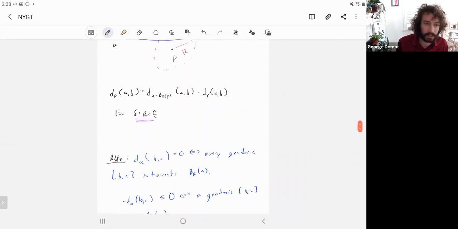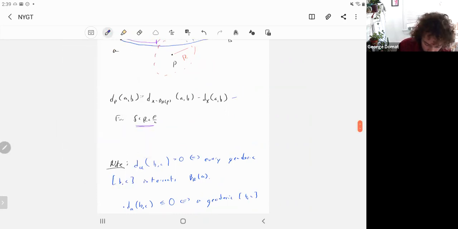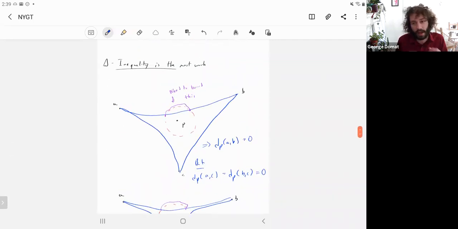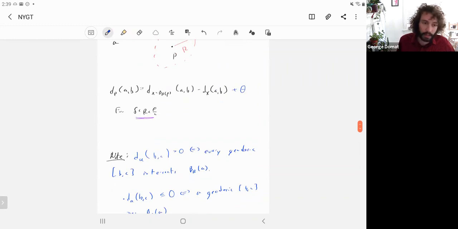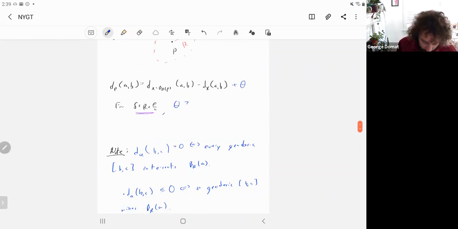So let's go back up. How are we going to modify it? We're just going to add some constant. The proof goes like this: you have these different cases down here, and you check that you can bound all these distances in the right way. Then you just tack on this constant to make the triangle inequality work. It doesn't matter so much what it is.